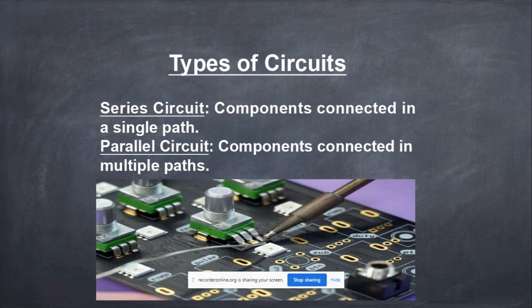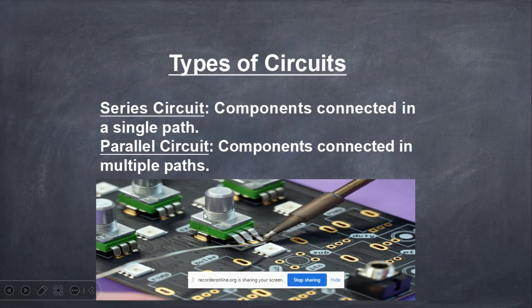Okay, types of circuits. There are two kinds of circuits that can be used, depending on the required circuit that is needed for us, right? So series circuits: components connected in a single path.